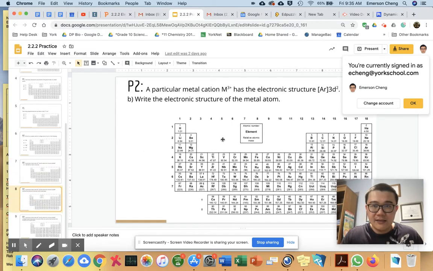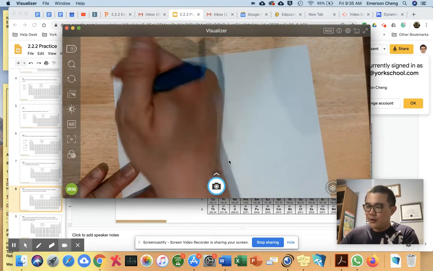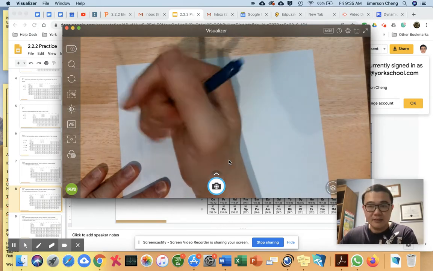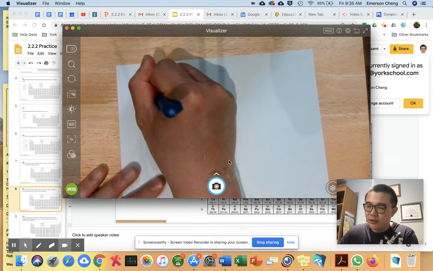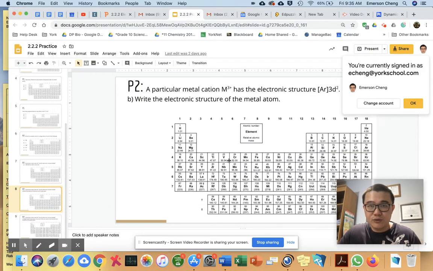Now the electronic structure of the vanadium, which we solved earlier, I know a little earlier we did that one because we looked it up, but it's good to have practice. So vanadium, we can do the shorthand.